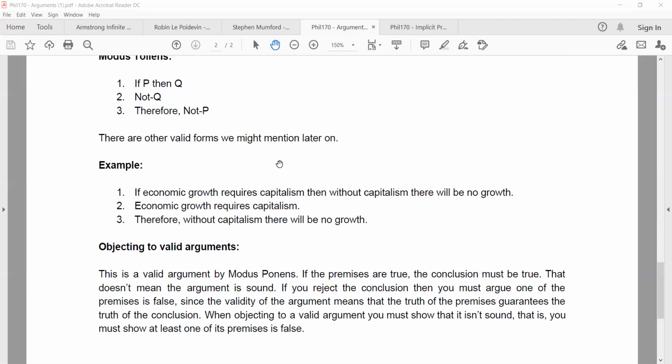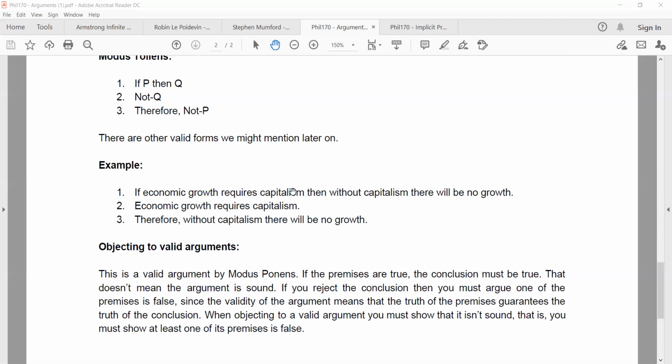Or maybe you want to reject premise number 1. Premise number 1 just gives you that there's this condition, right? That it's true that if economic growth requires capitalism, then without capitalism, there will be no growth. But maybe you want to challenge this conditional claim in some way.